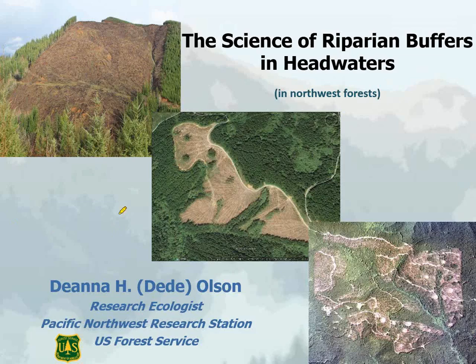So let's see if my cursor works. Hopefully you'll see a little highlighter pen, and I'm just going to show on this upper left photograph that here we have a clear cut with a headwater stream. You can see the water flowing down it over on the side. In the center photo, you can see the stream a little bit better because it is buffered in a clear cut. And then this lower right is from the study that I have been implementing.